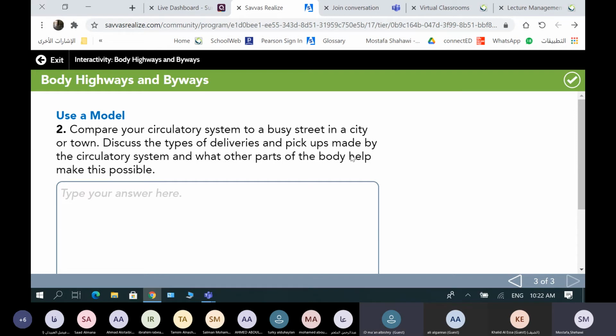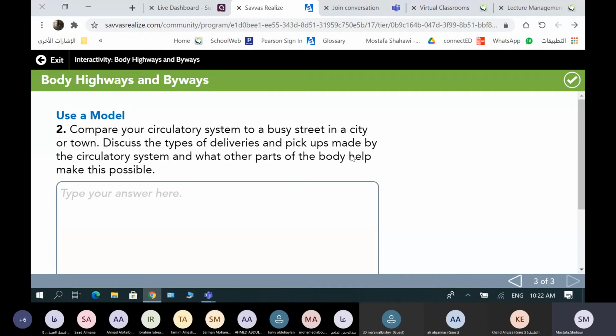The heart, what is it? A pump. Yes. The whole process of delivering starts with the heart pumping blood through the large blood vessels called arteries. The arteries then branch into small branches until they reach each organ and then each cell.